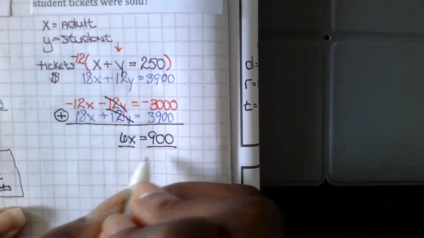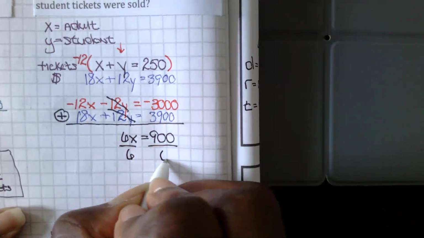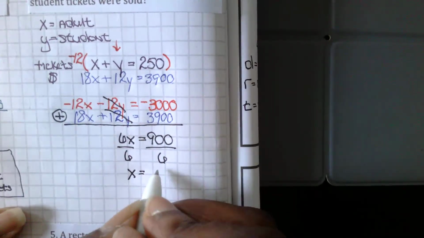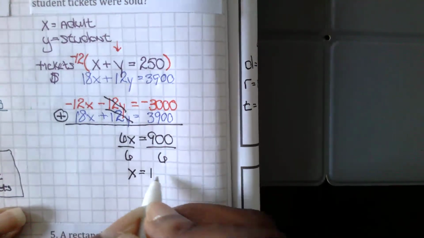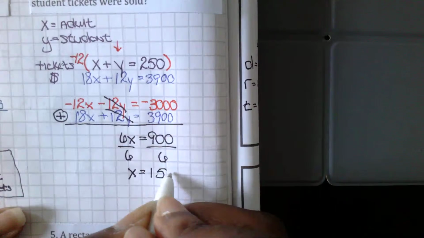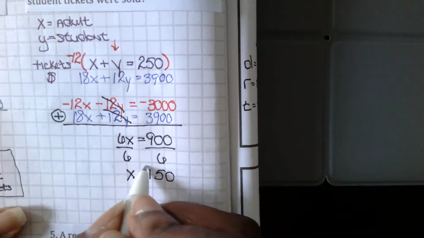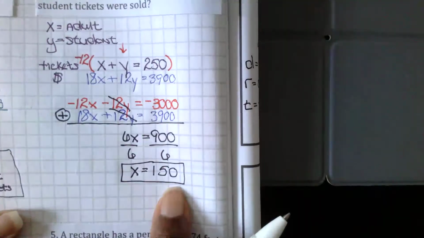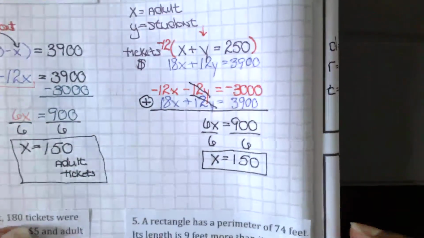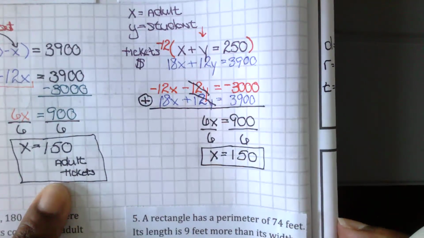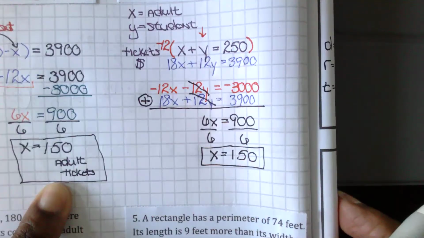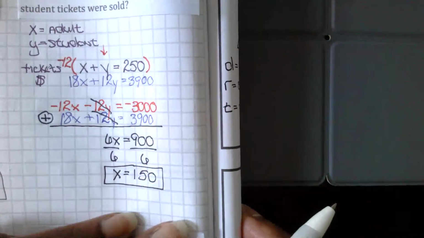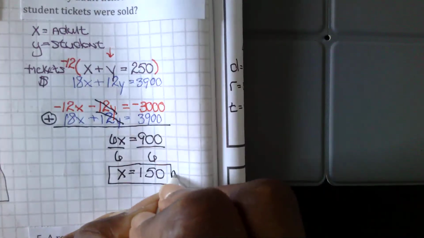Divide both sides by 6. So now you have x equals, how many 6 go into 9? That's 1. And we have 50. That sounds familiar because that's exactly what we got from the other side. But now that is representing your adult tickets.